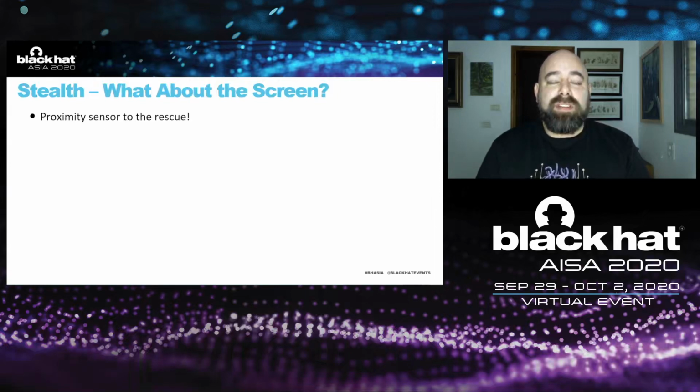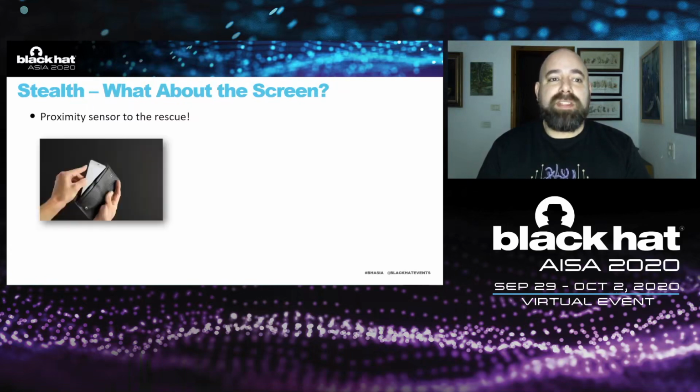What about the screen? So let's talk about the proximity sensor. Proximity sensor, as its name suggests, senses when there is something in proximity to the screen itself. It's a small slit or a round hole at the top of the screen in most phones, and it senses when something blocks the screen.